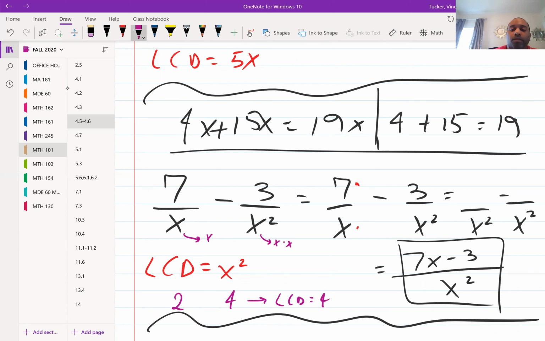Wherein we will not change the fraction that has x squared, but we will just change the first one by multiplying top and bottom by x.